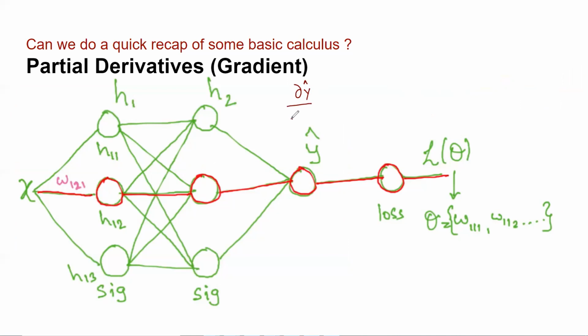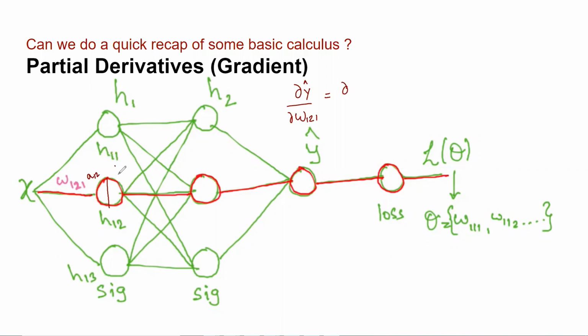From chain rule, it will be dy by dW1 2 1. First of all, we have to do this nomenclature, right? I want you to give your full attention here, because if you understand this part, the entire backpropagation is clear. This part will be A1 2.